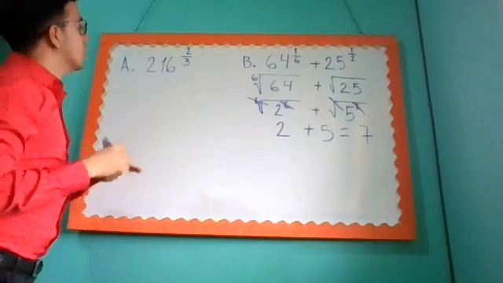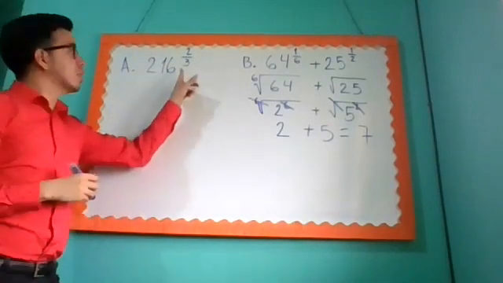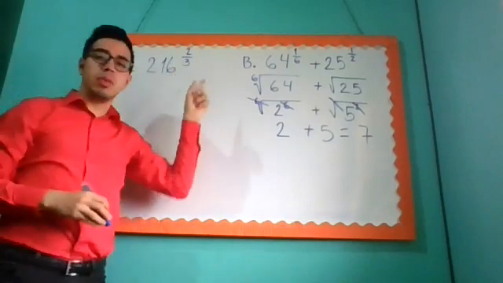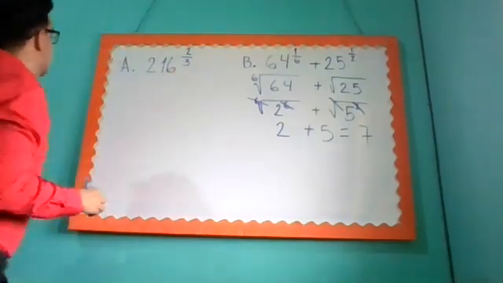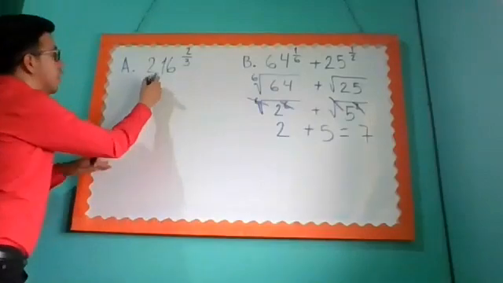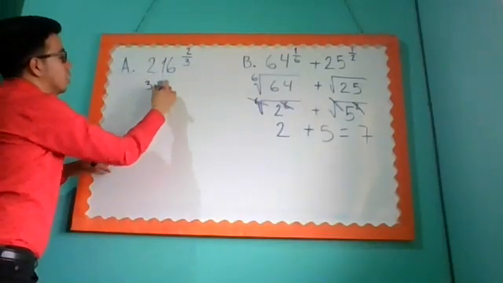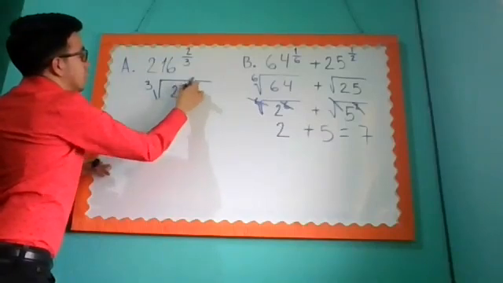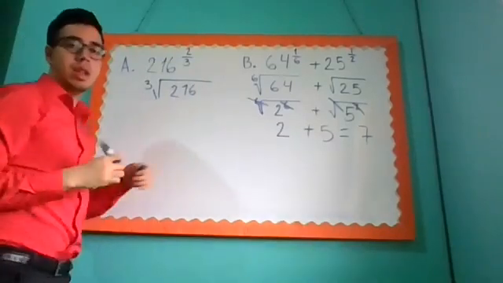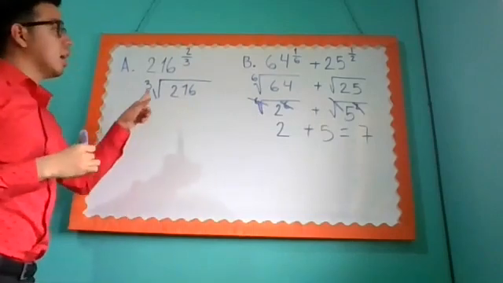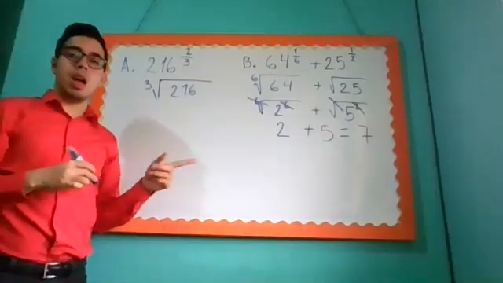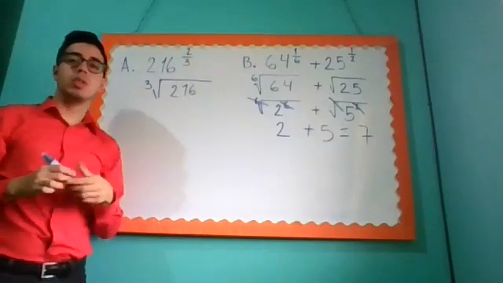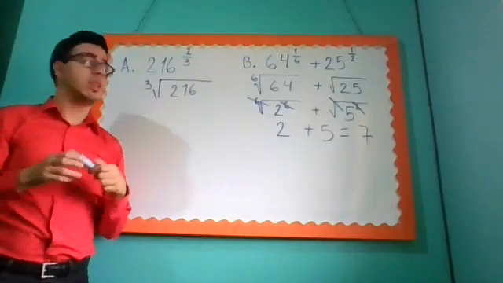Okay, then immediately you see this, you know that this is going to be the index of your root, okay? So you have the cube root of 216, okay? This is the cube root. And later, outside the parentheses, you are going to have the exponent, okay? 2, the number that is in the numerator.